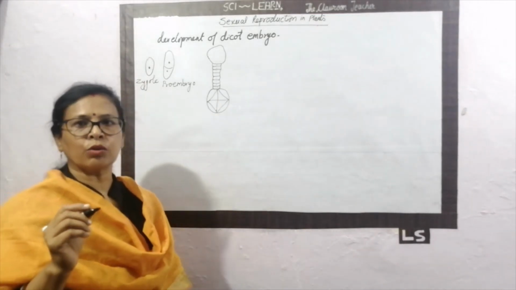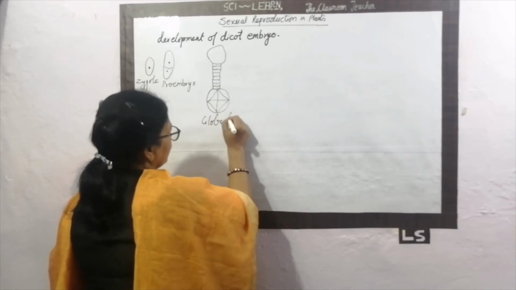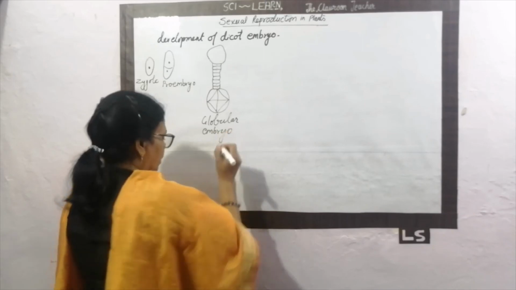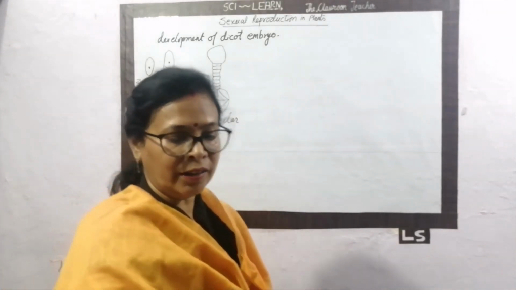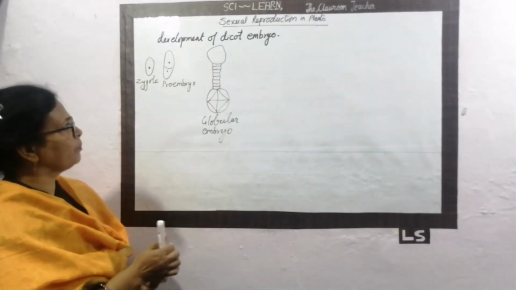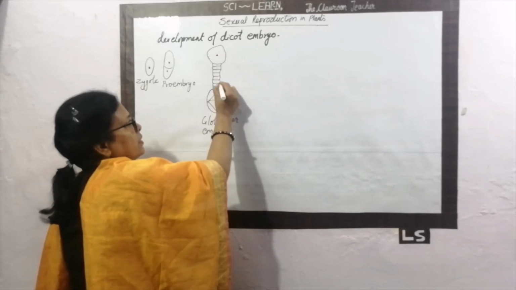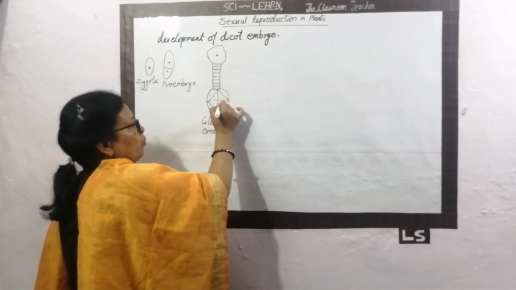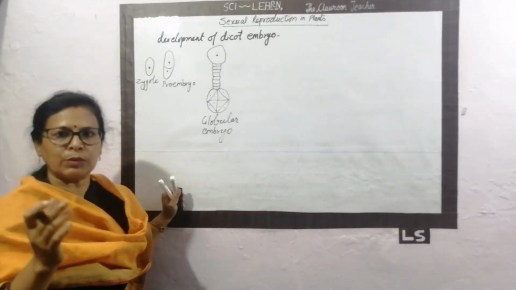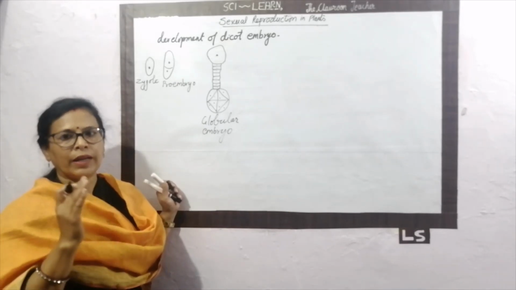And this time it is called globular embryo. I'm not going to label it again because you know very well whatever the parts are. This is called haustorium. This is suspensor. This is hypocotyl, and this is the group of two tiers, that is the lower tier and the upper tier, which is responsible for the formation of radicle and the plumule. Okay. Now what happened next?